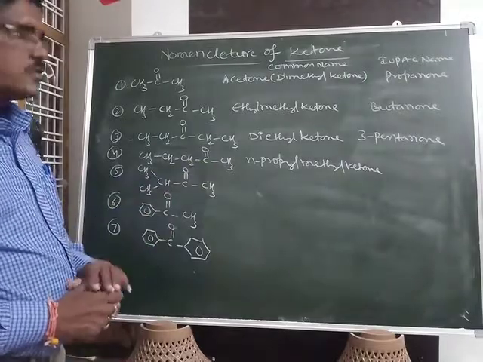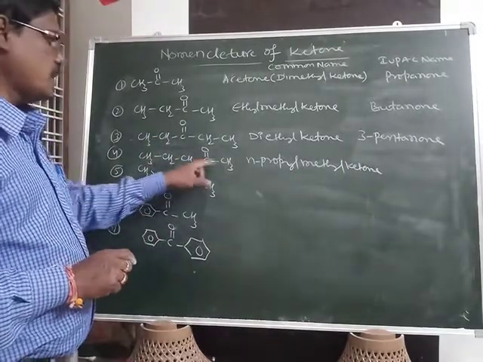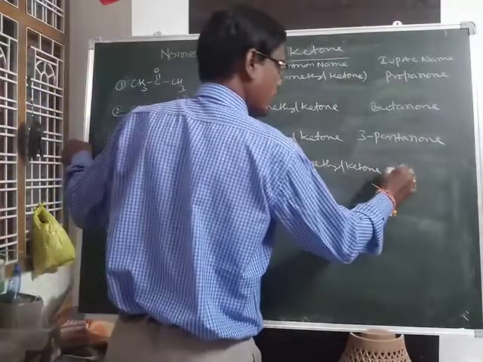According to IUPAC rules, give the lowest number to the functional group or substituent. That's why this is known as 2-pentanone.